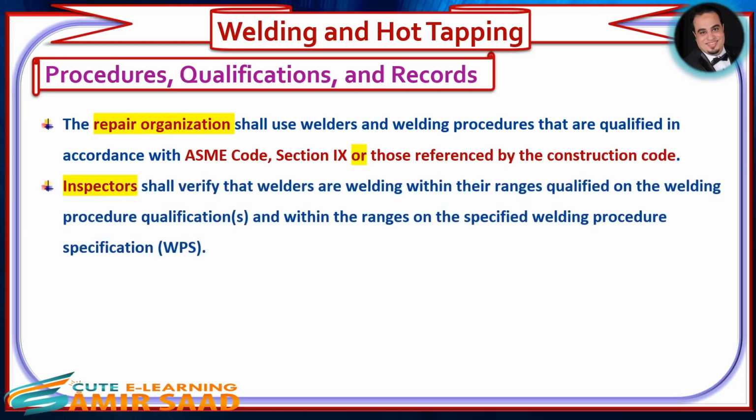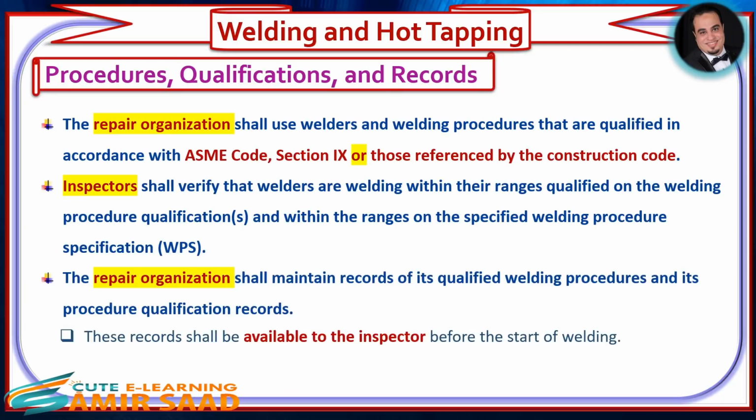Inspectors shall verify that welders are welding within their ranges qualified on the welding procedure qualifications, and within the ranges on the specified Welding Procedure Specification (WPS). The repair organization shall maintain records of its qualified welding procedures and its procedure qualification records. These records shall be available to the inspector before the start of welding.